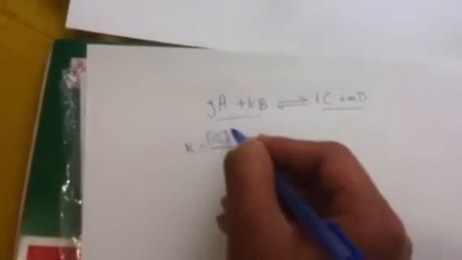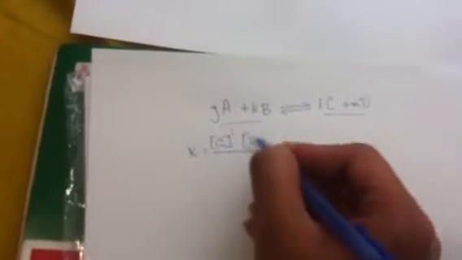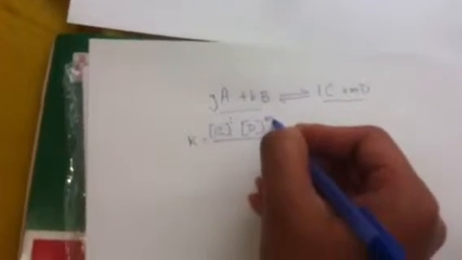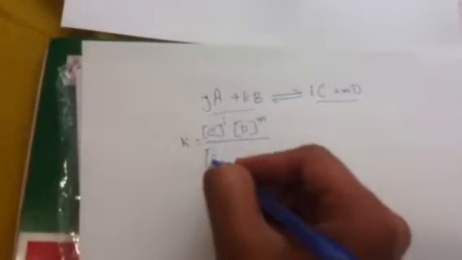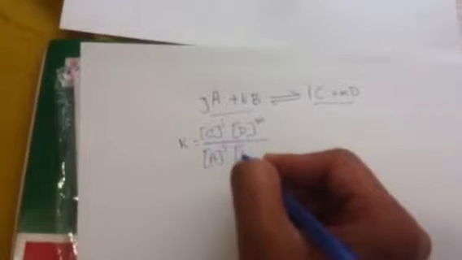We define it as K. It is always products over reactants: C raised to the power I, D raised to the power M, over A raised to the power J, B raised to the power K. The square brackets mean that this is concentration. So I set this as my chemical equilibrium constant equation.